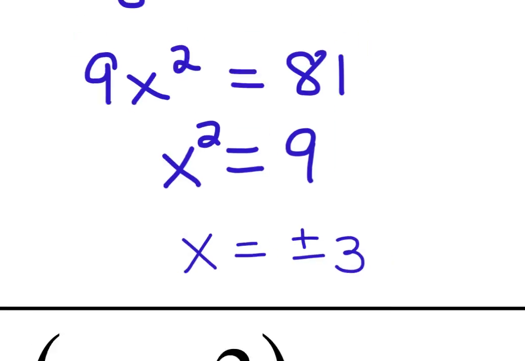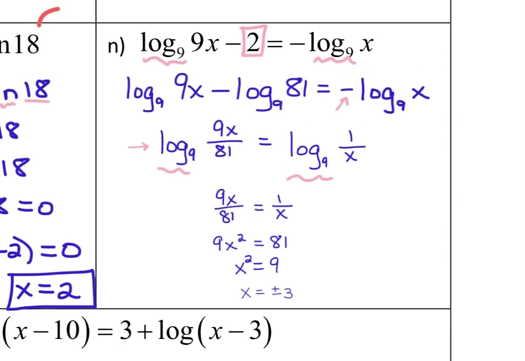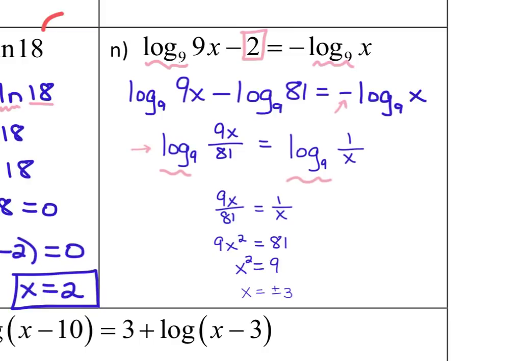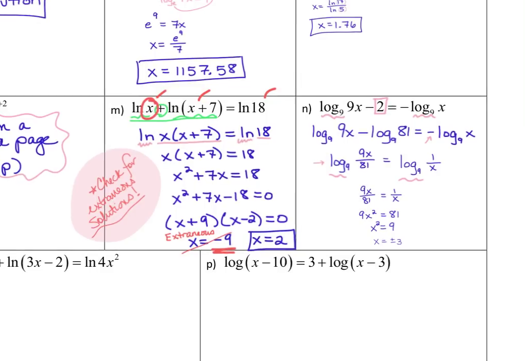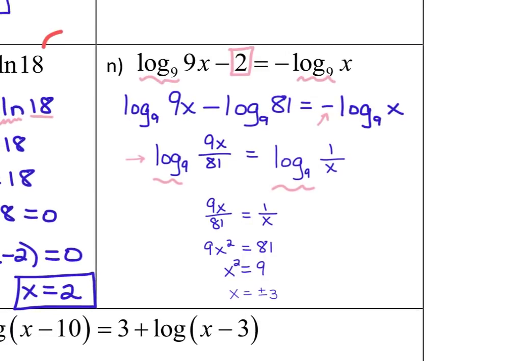Now, don't put a box around your answer and move along. Remember that you need to check for extraneous solutions like we did in the previous problem, because hint, hint, there's going to be an extraneous solution here. So I think through both answers. Positive 3, 9 times positive 3 is positive 27.